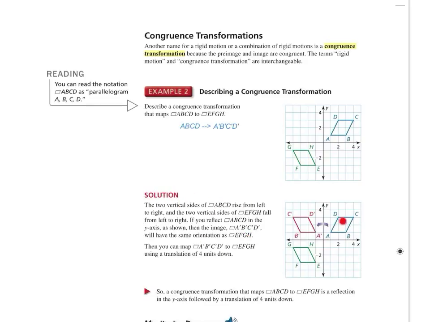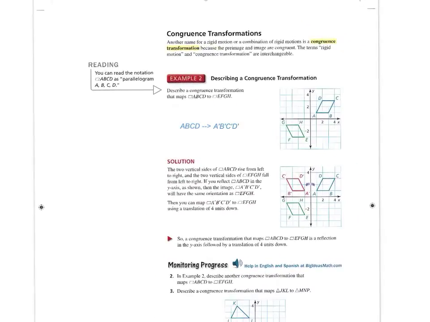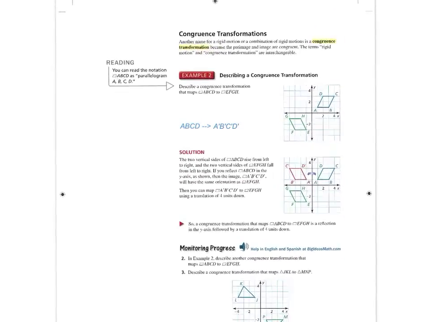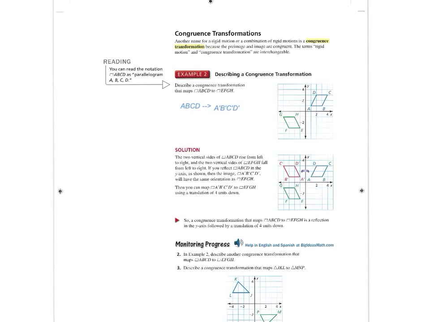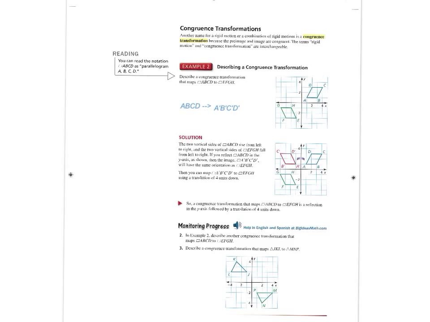So we can see that parallelogram ABCD reflected in the y-axis to get us A prime, B prime, C prime, D prime, which then translated to parallelogram EFGH. And make sure you read this completely to understand a full explanation. And then you can try one on your own as well.